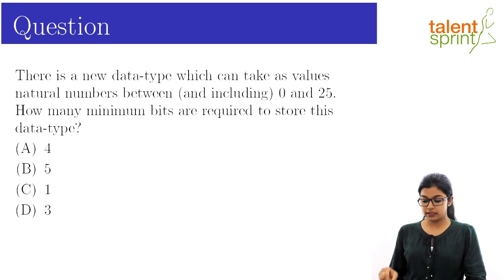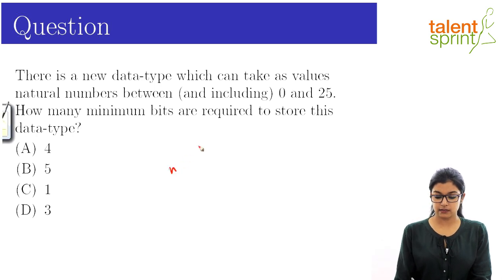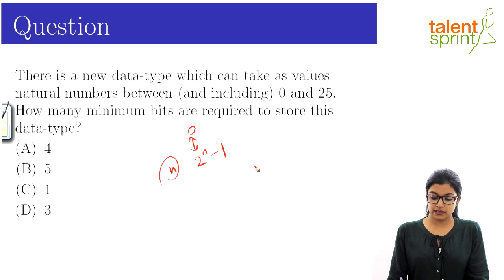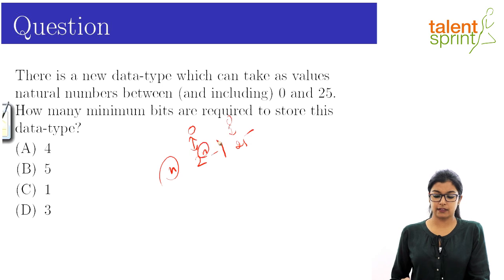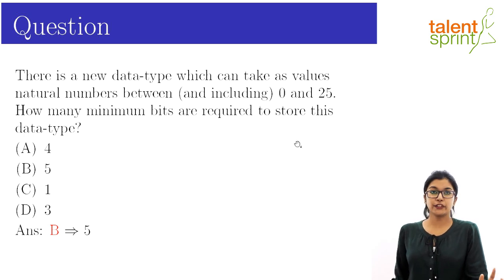Keep in mind the formula: with n bits, you can represent numbers from 0 to 2 to the power n minus 1. So to represent 0 to 25, what would be the value of n? The answer is 5. There can be certain manipulations of questions around the same formula, but this formula is mostly asked in written examinations.